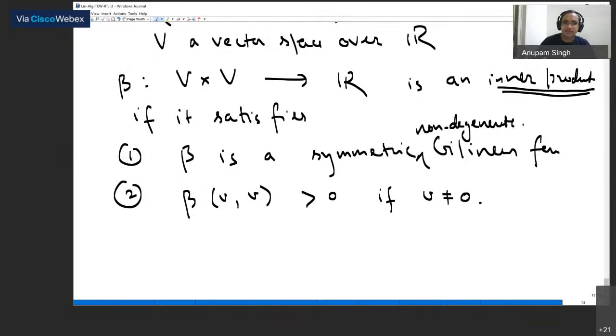If you remember, I said that there are many possible symmetric bilinear forms over real space, but this is something special. This has this extra property.